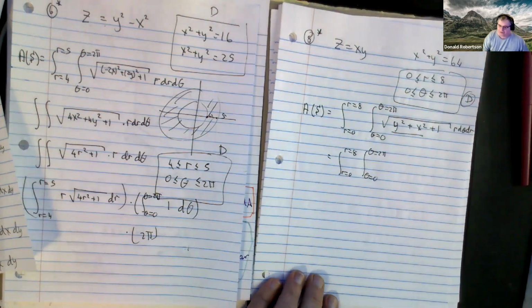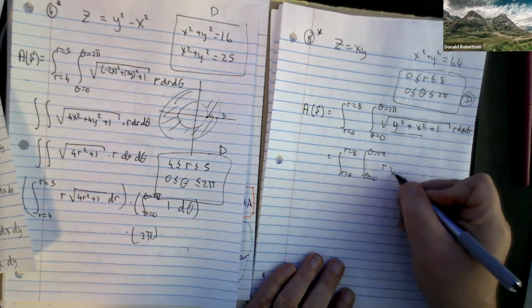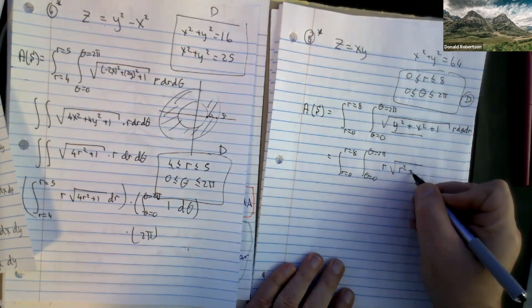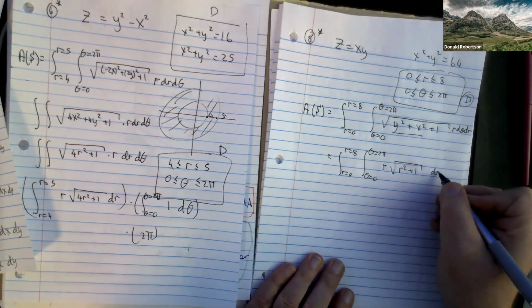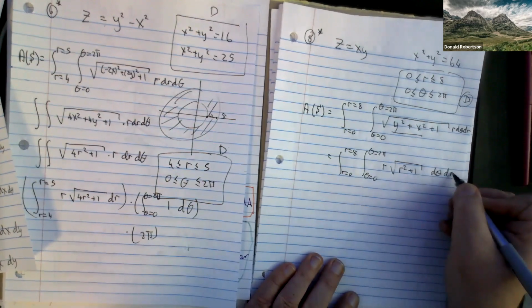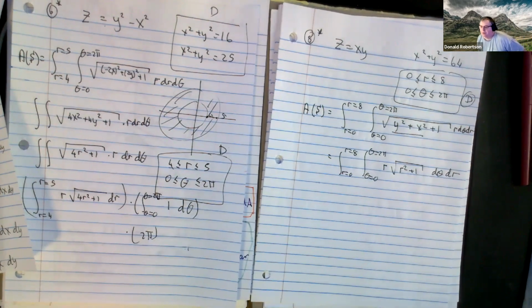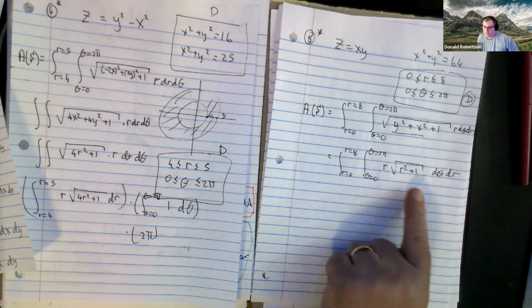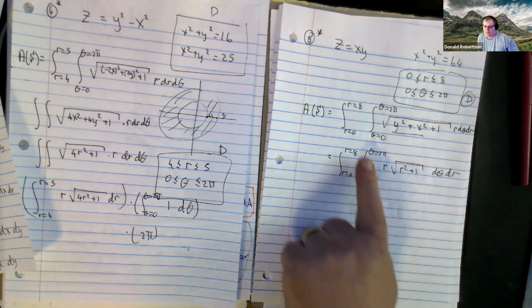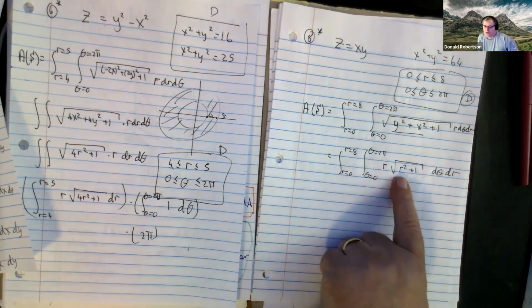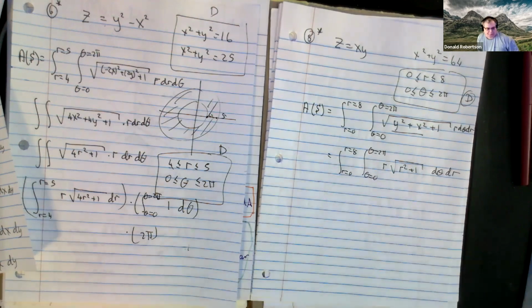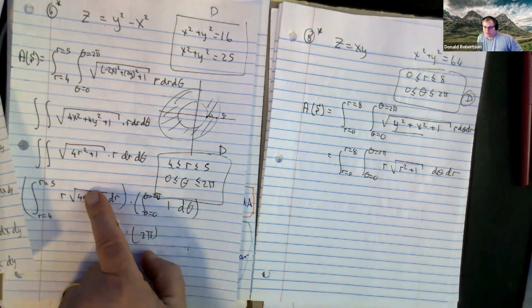That's an r squared. So it's going to be an r, the square root of r squared plus 1. There's going to be a d theta and a dr. Can you see another variable separable? And off you go. Right, this guy dr with these limits and a single 1 for the theta. Not unlike this one, right? Very similar.